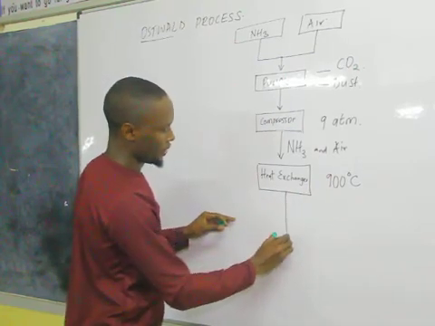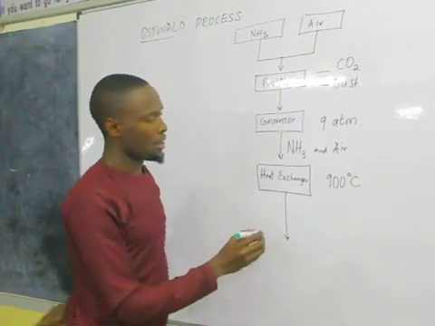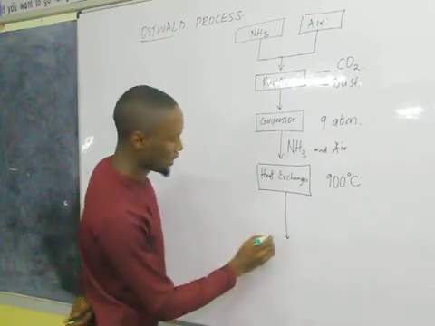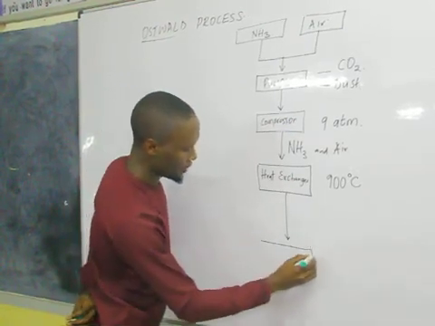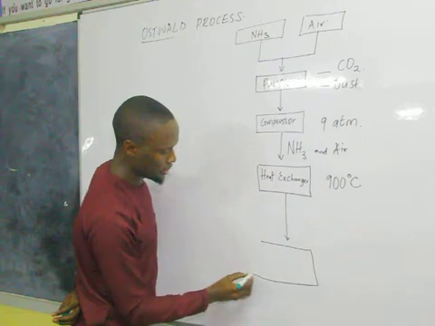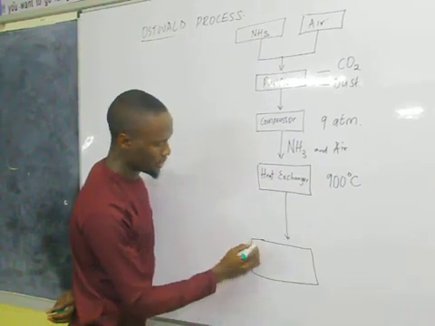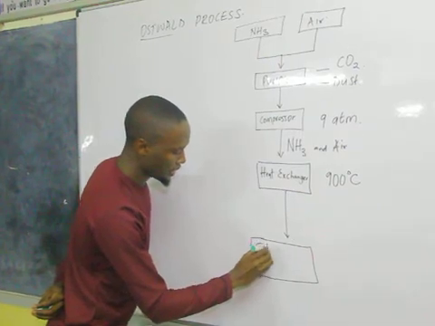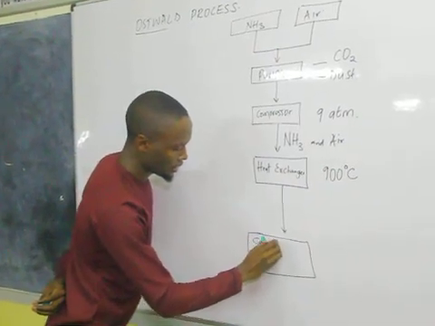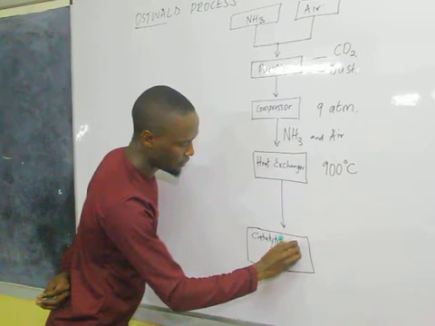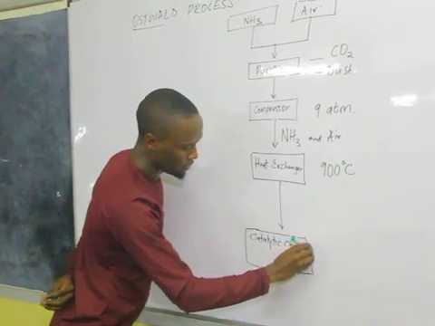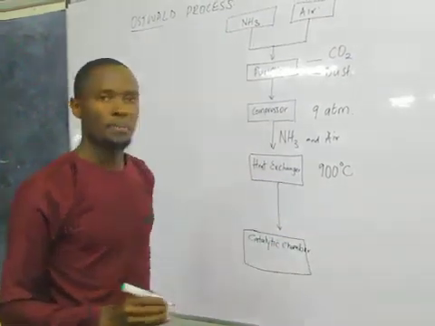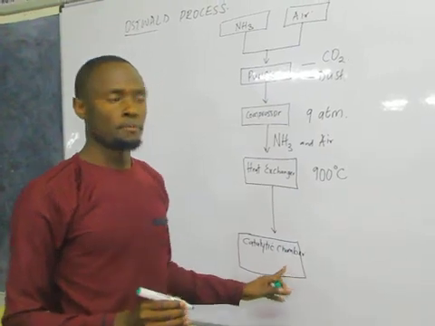From the heat exchanger, the hot mixture of ammonia and air is taken to another chamber here, and this is the catalytic chamber.